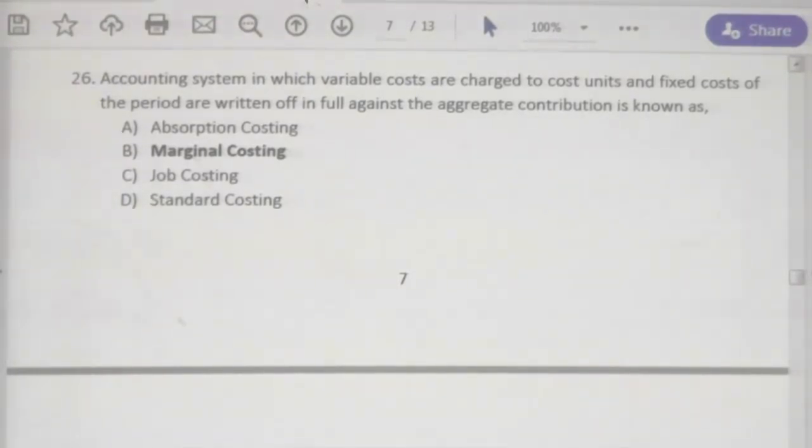Then the answer is the contribution. Then against the contribution you will deduct full fixed cost, that is total fixed cost. Then the answer is net profit. In such a situation, called marginal costing system, that is a marginal costing profit and loss, right? Therefore the answer is marginal costing for question number 26.